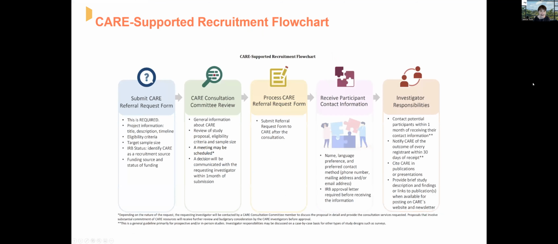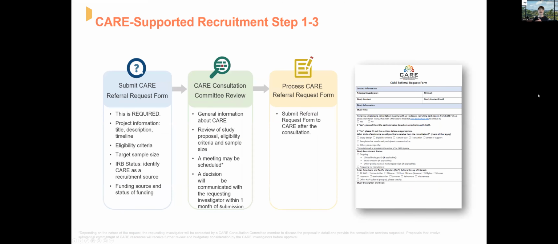So next slide, please. In terms of utilizing CARE referral support, you can conceptualize this as like 5 phases. And by the way, all this information is also available on our website. So let's look into each of these 5 in detail. First of all, it will require you to submit a CARE referral request.